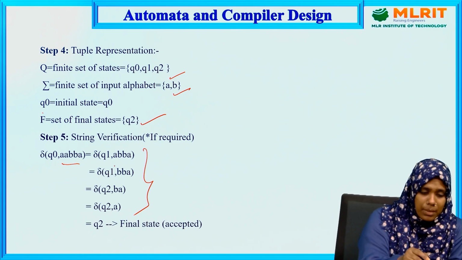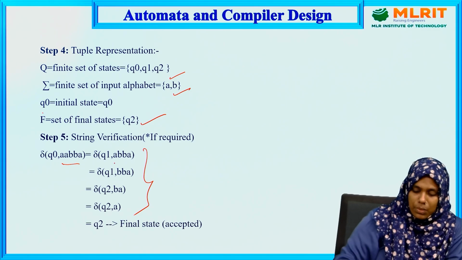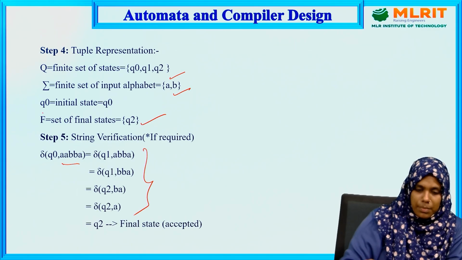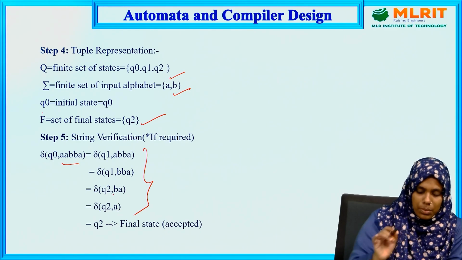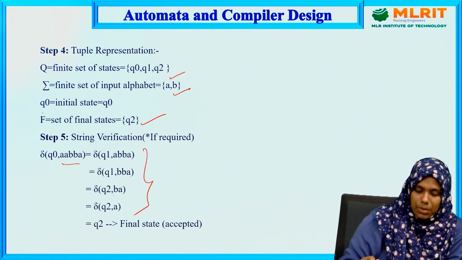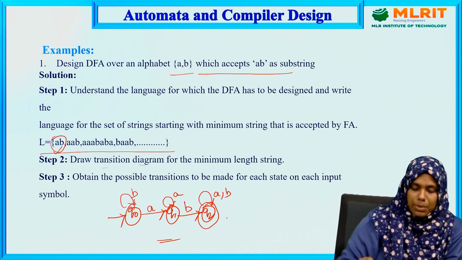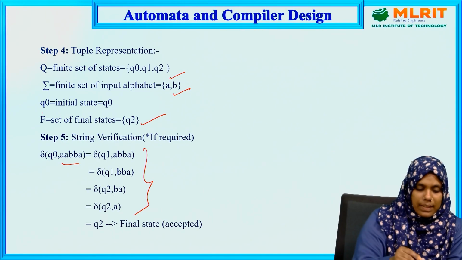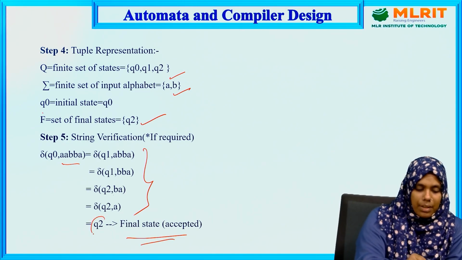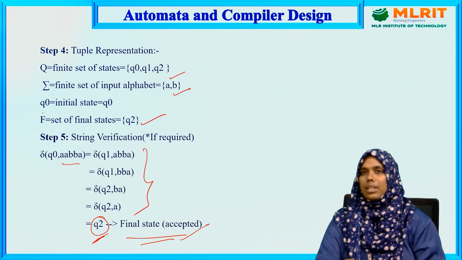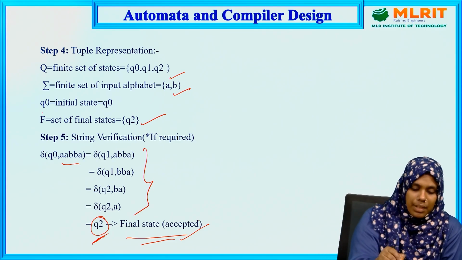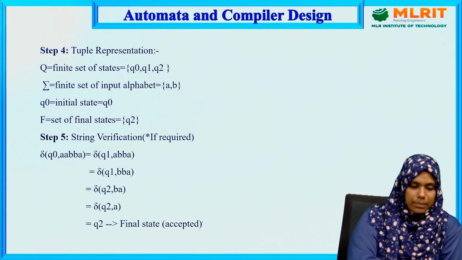Q0 of A is Q1. Q1 of B is Q2. Q2 of B is Q2 itself, and Q2 of A is also Q2 itself. That means it is accepted, because whenever the string ends in the final state, we can say that it is accepted.